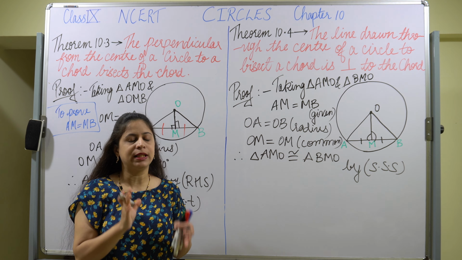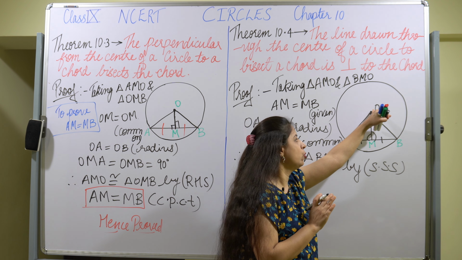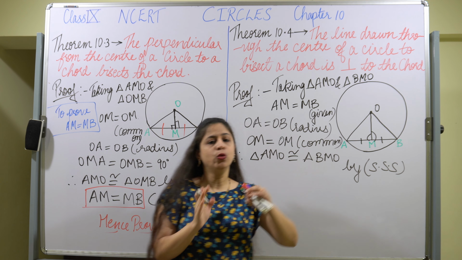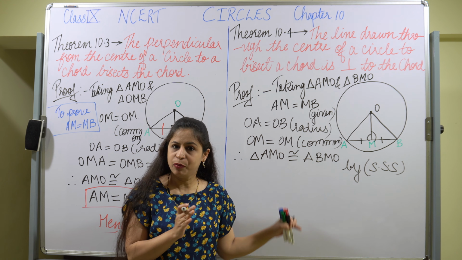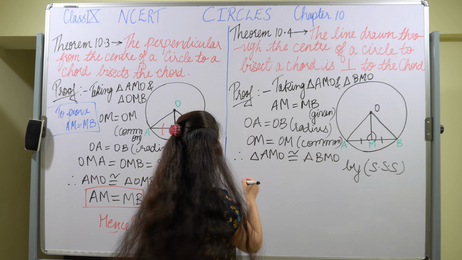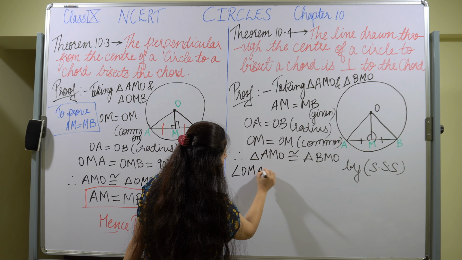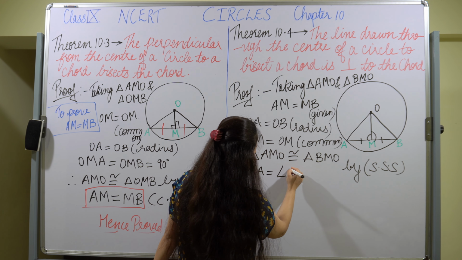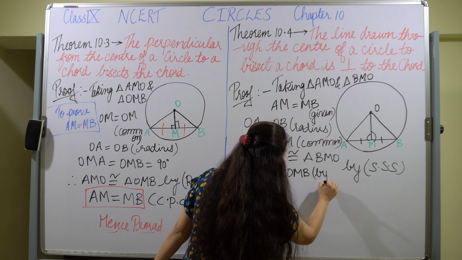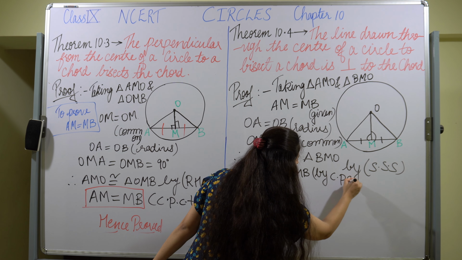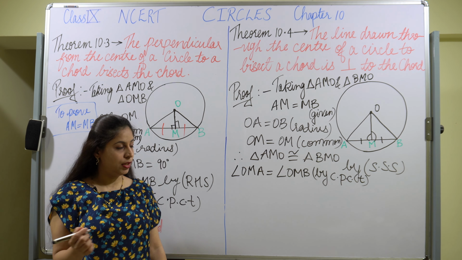Right now we can only say that angle OMA is equal to angle OMB, but we do not know whether they are making a 90 degree angle or not. That we will be proving later. So let us say angle OMA is equal to angle OMB by CPCT. Corresponding parts of congruent triangles are always equal.